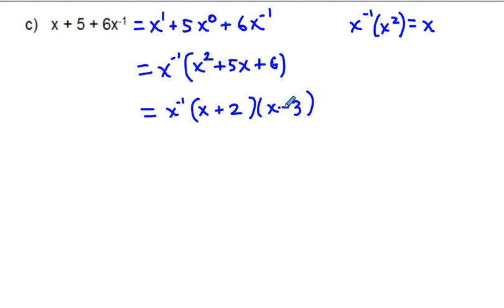It's going to be plus. There we go. And we can go ahead and take this x to the negative 1 power and make this our denominator. So we have quantity x plus 2, that's quantity x plus 3. Okay, next.